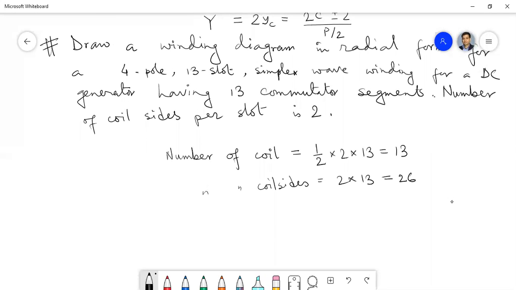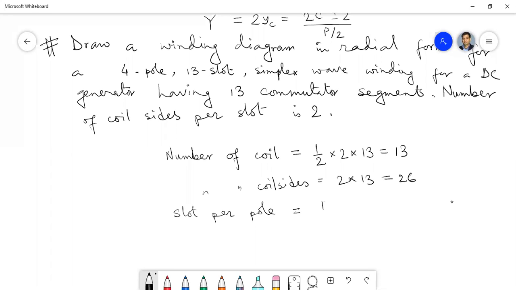Now, what is the next important parameter for winding design? Can you tell me? Slots per pole. Okay, slots per pole, but that is not very important for winding. Anyway, we can also write that slot per pole, but here it will be a fraction.